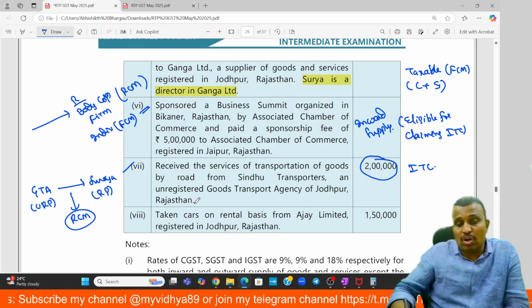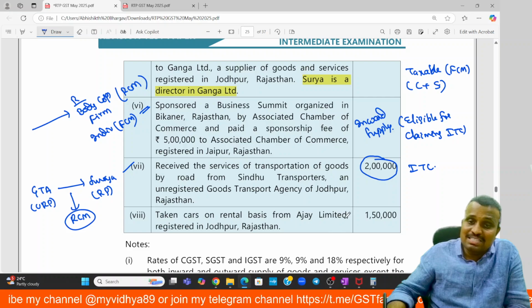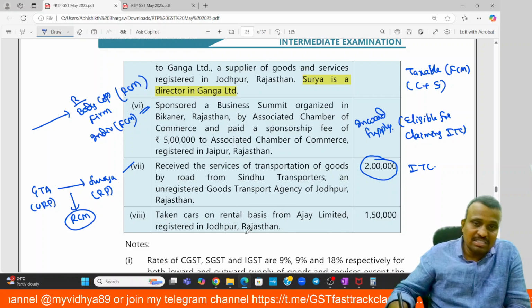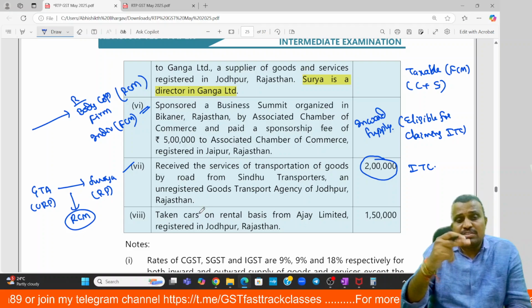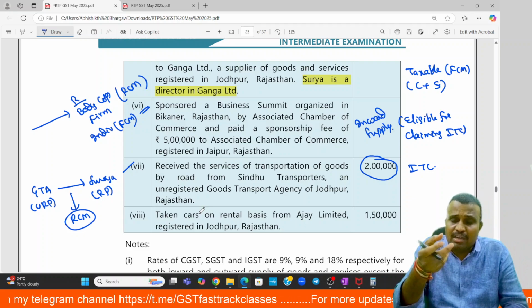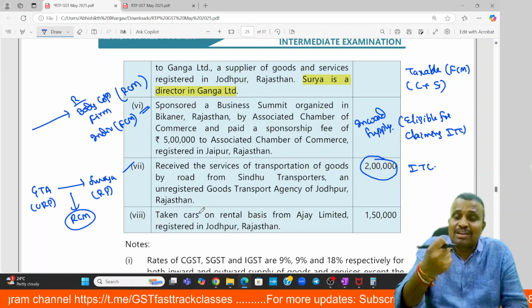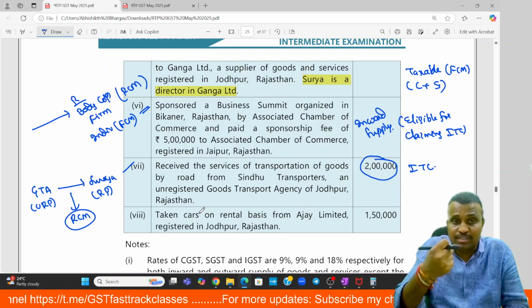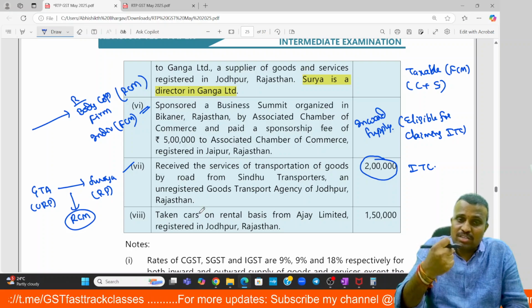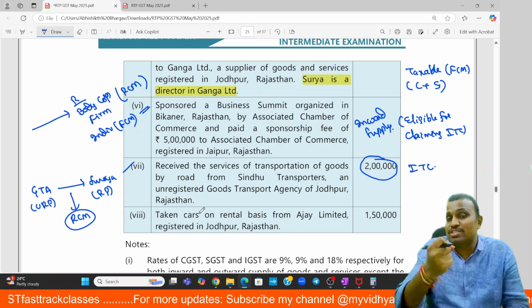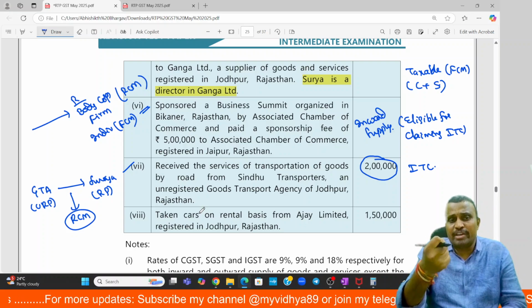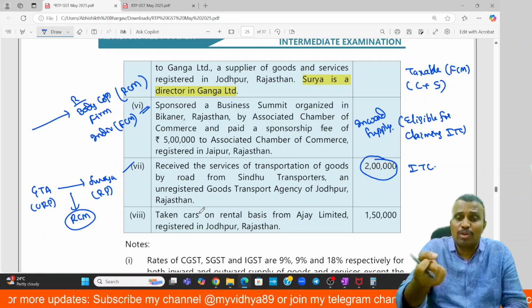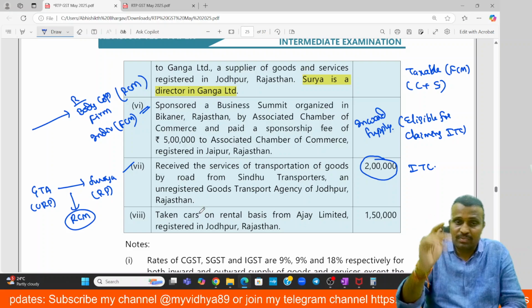And taken cars on rental basis from Ajay Limited, registered in Jodhpur, Rajasthan. If we get rent a car services provided to a body corporate, covered under RCM.